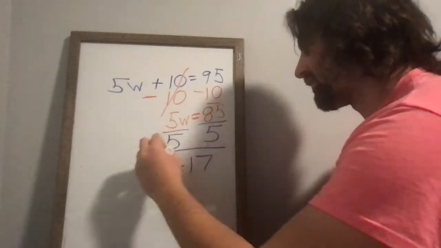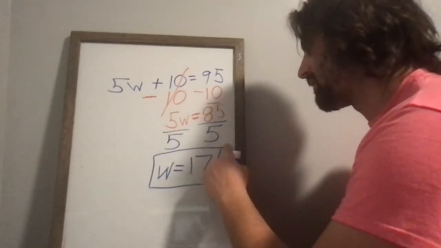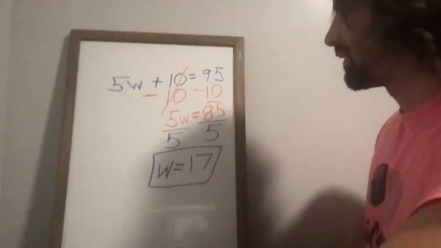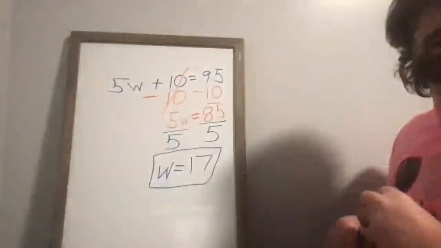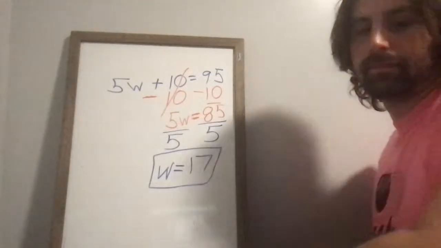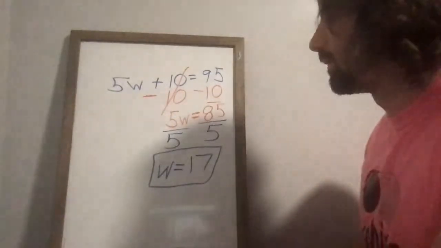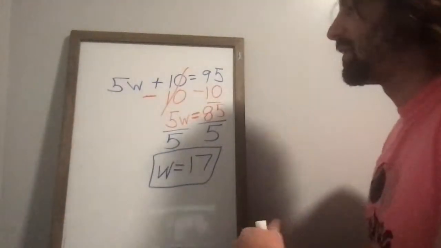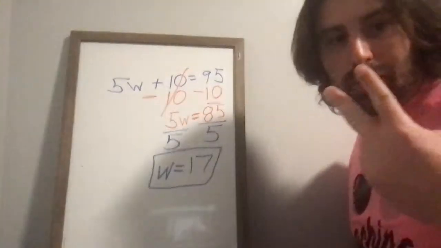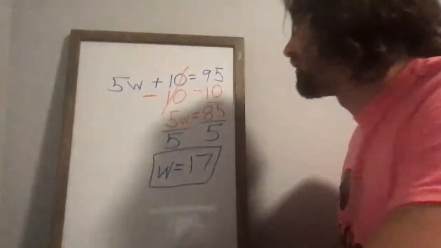So w equals 17. Move on to the next one. I'm going to do 2 more example problems here.